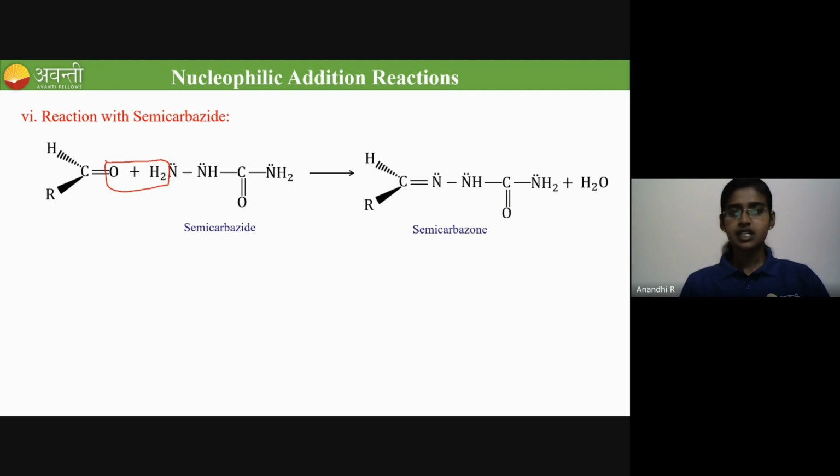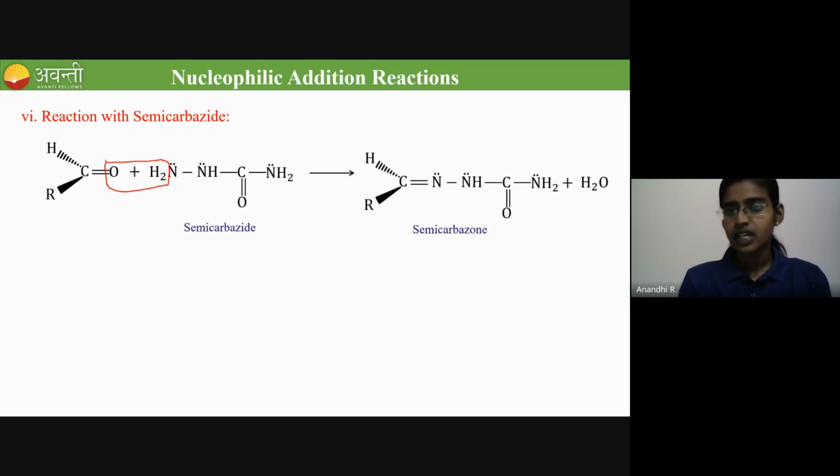So we have discussed the nucleophilic addition reactions, and we have seen the mechanism, and we have seen some nucleophilic addition reactions over here. And at the last, in the reaction with ammonia and its derivatives, we have come across these 6 compounds addition. So do you have any doubt so far from the first chemical property of aldehydes and ketones, that is the nucleophilic addition reactions?